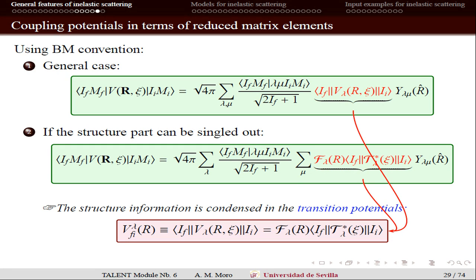If we can separate the radial part, then it will be given by this form. So we have to supply the code with two elements: the radial form factor, and the reduced matrix element for a given transition. Once the code has this, it can construct this matrix element, solve the coupled equations, and so on.